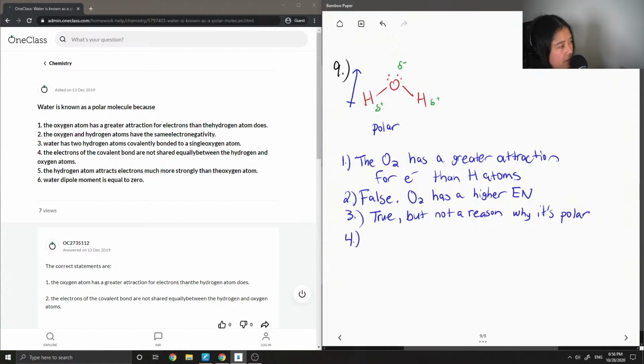For 4, the electrons of the covalent bond are not shared equally between the hydrogen and oxygen atoms. So this is true. And it's also one of the reasons why water is polar.